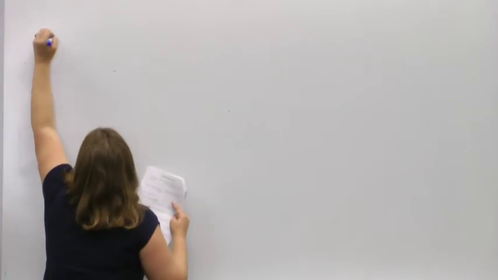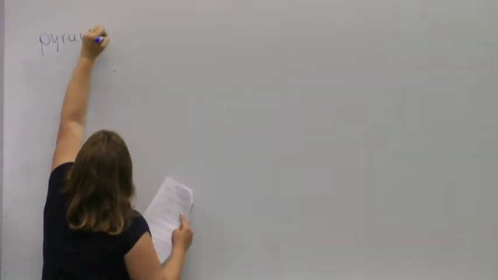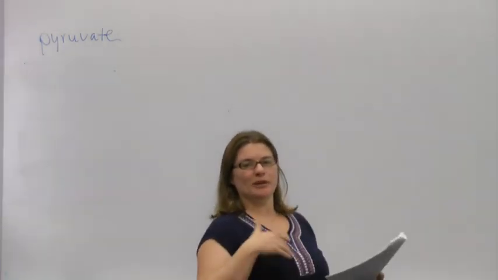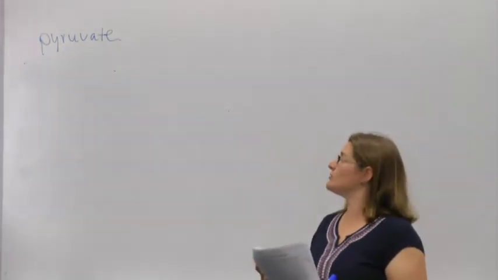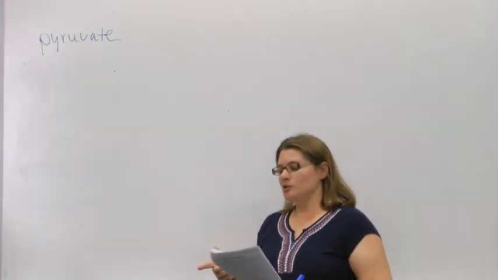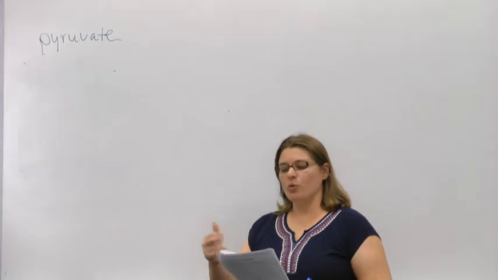Okay, so number one, during glycolysis, glucose is first split into two molecules of what? Pyruvates. Right? Glycolysis means splitting glucose. It's all about splitting glucose into pyruvate. And so each of those two molecules of pyruvate then enter what reaction?